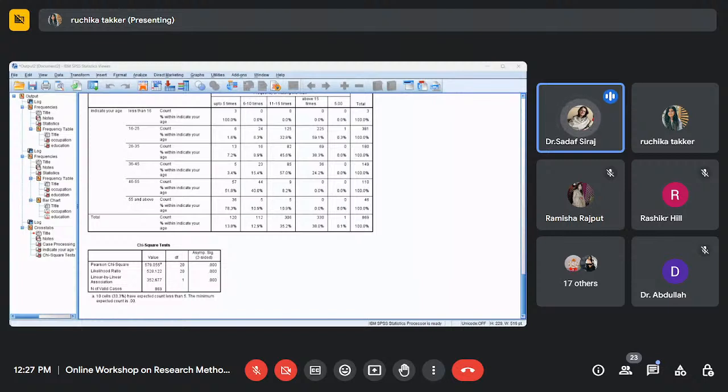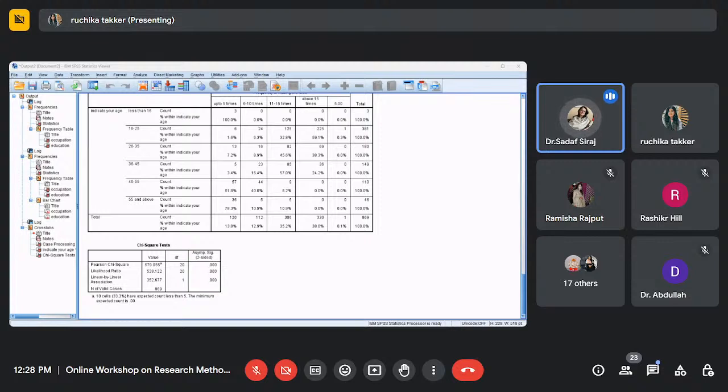Just have a look at the extreme age groups. One extreme age group is 55 and above. We are talking about elderly people, and we see that their frequency of visit is quite low. Nearly 79% are going there only 5 times in 3 months. But as against that, in the age group of 16 to 25, 59% of them are going to the mall more than 15 times.